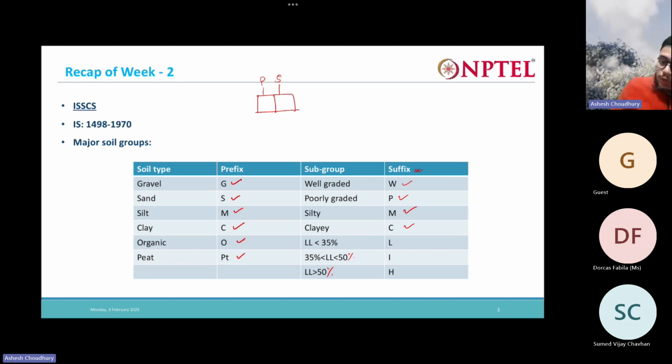For liquid limit less than 35%, we assign L, that is low. For liquid limit between 35 to 50%, we assign I, intermediate. And for liquid limit greater than 50%, we assign H, that is high. This is how we are going to classify any type of soil.